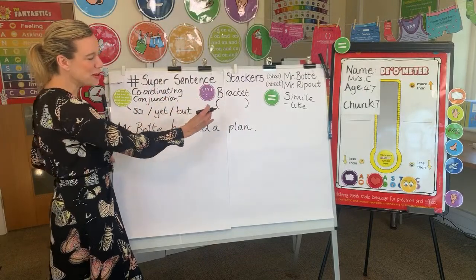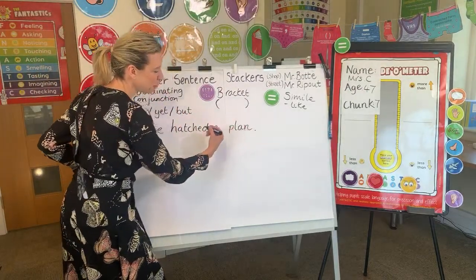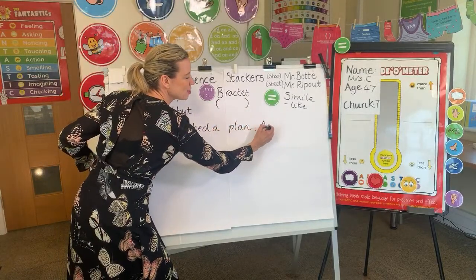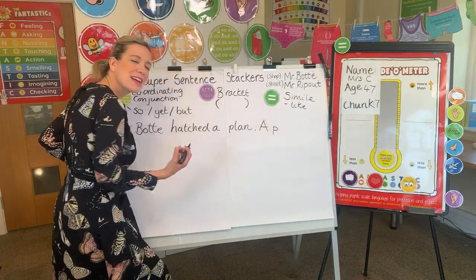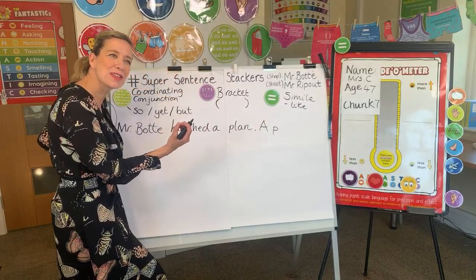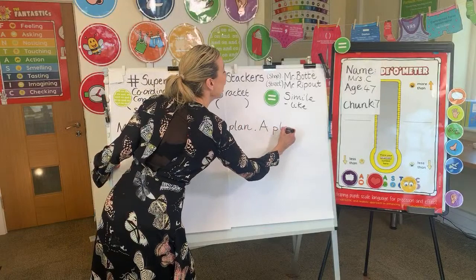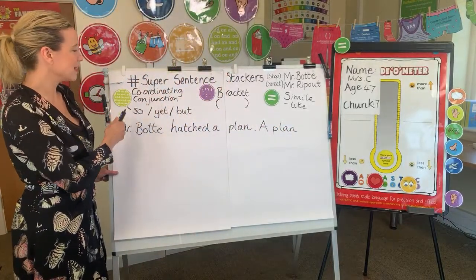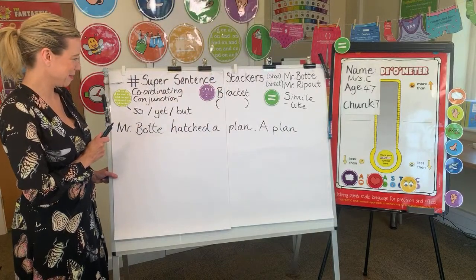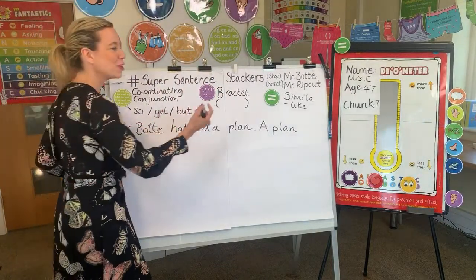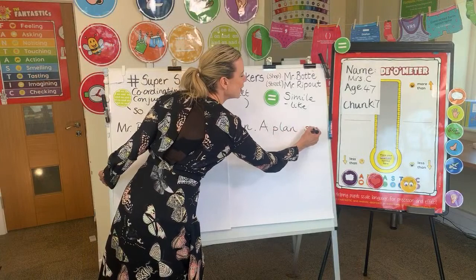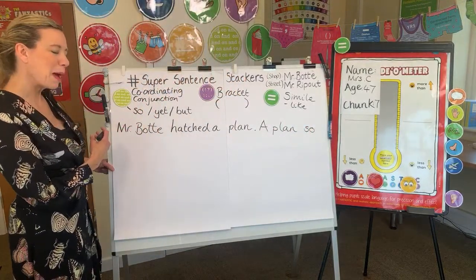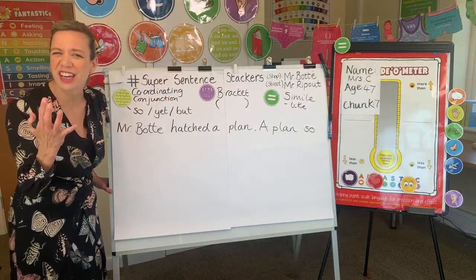But what I'm going to do now for emphasis, I'm going to repeat that beginning, just for that kind of slowing down as a writer. A plan, and I'm going to think about these coordinating conjunction words. A plan so, and now I could do that three times. A plan so cunning.